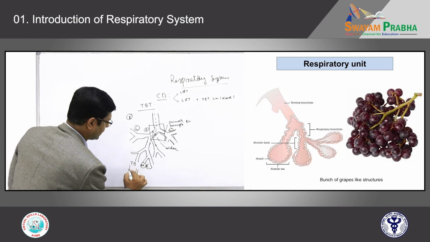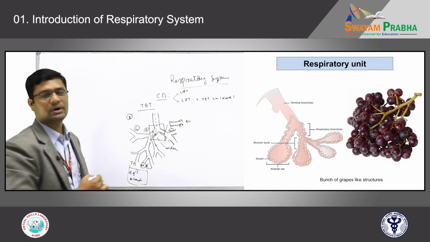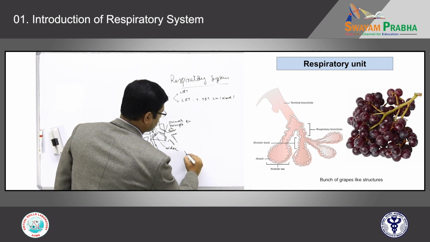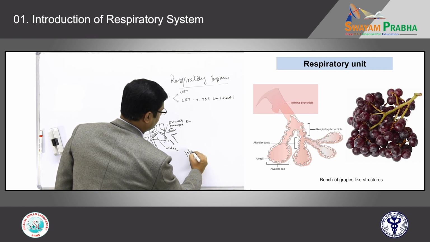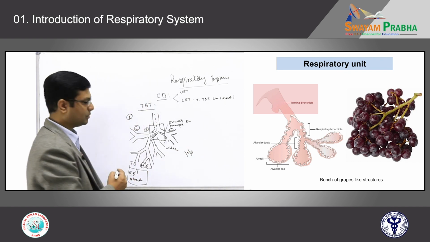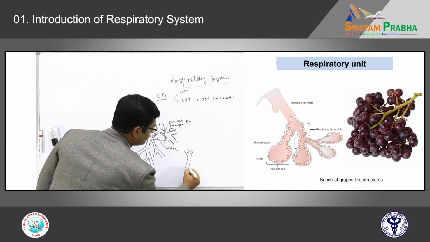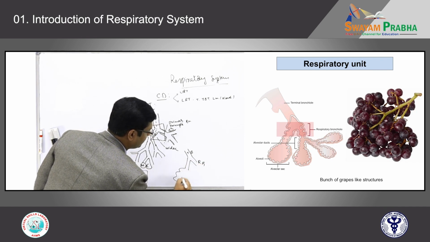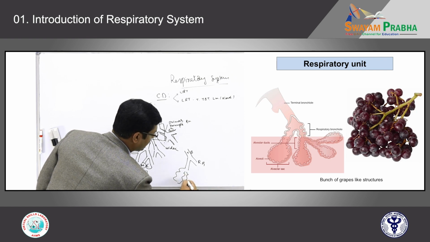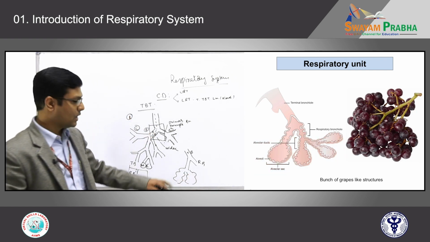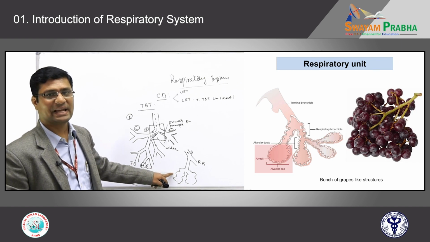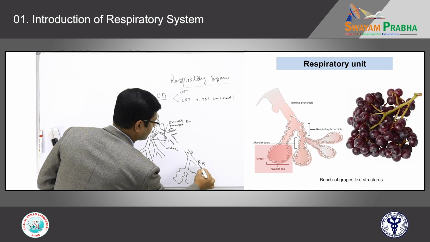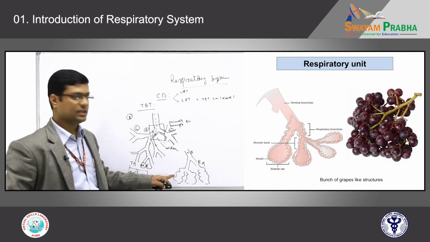Let us see the terminal portion of the branching. These are the terminal bronchioles, which lead to respiratory bronchioles, and these respiratory bronchioles again branch and lead to a group of air filled sac-like structures, which we call alveoli.